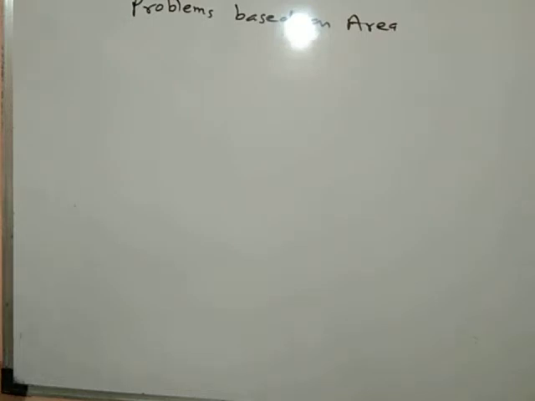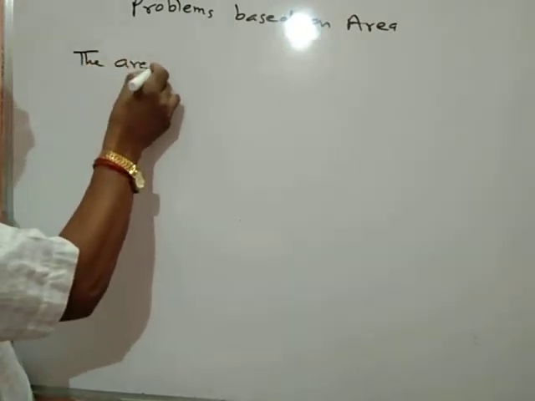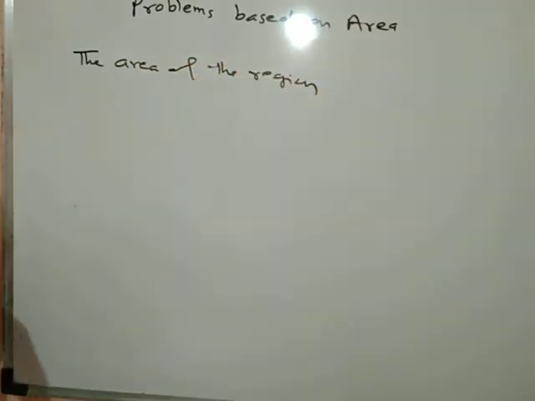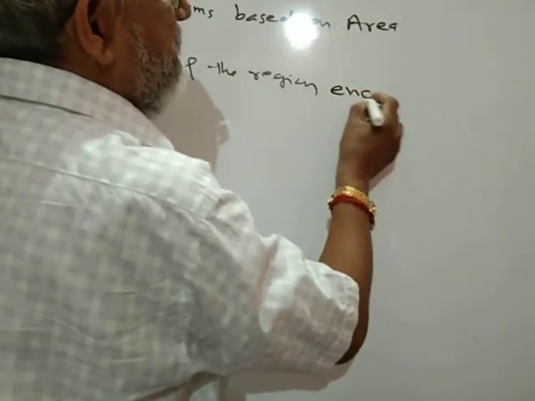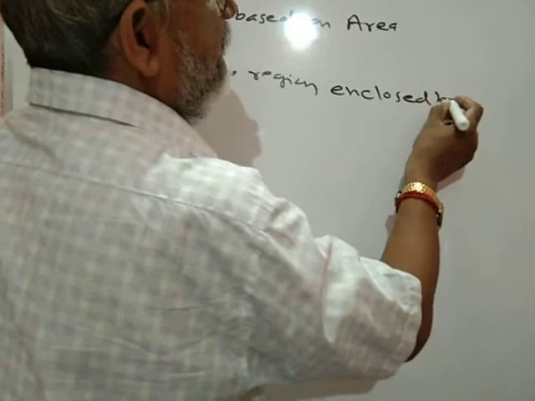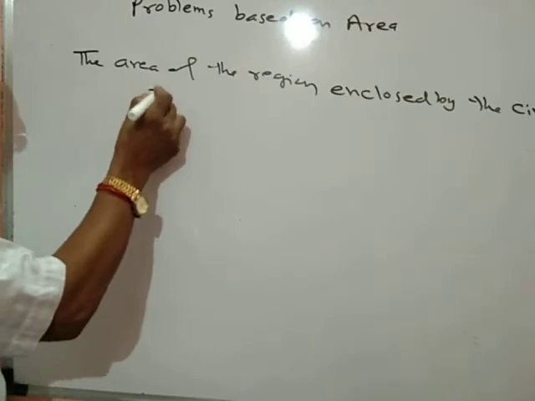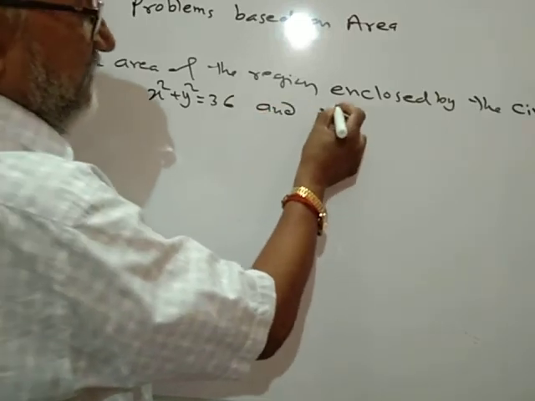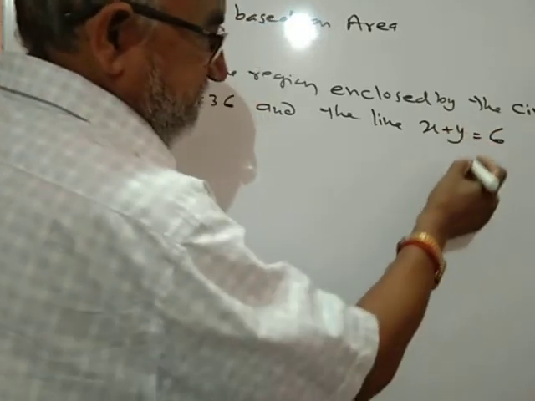The area of the region enclosed by the circle x square plus y square is equal to 36 and the line x plus y is equal to 6.